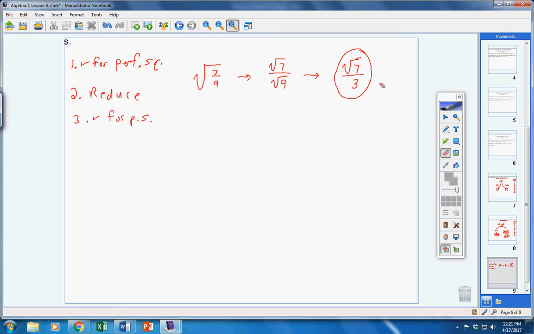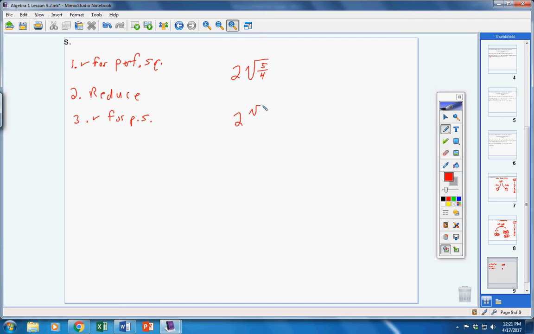Alright, let's try another one. Please copy this in your notes. 2 square root of 5/4. Okay? Now first of all, let's break that down. We're going to look for perfect squares. So you really have 2 square root of 5 over square root of 4. But I want to teach you something you really need to know, okay?